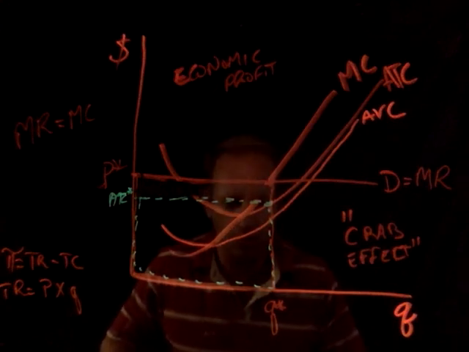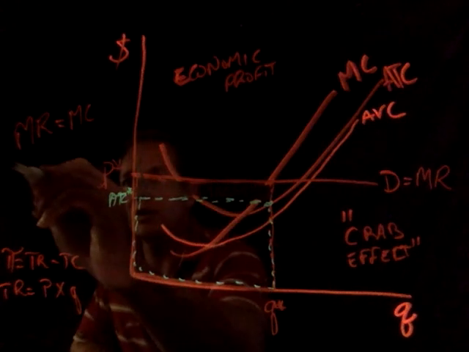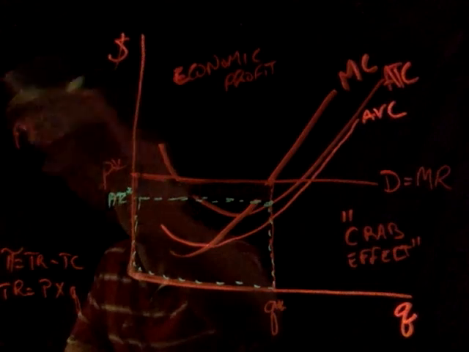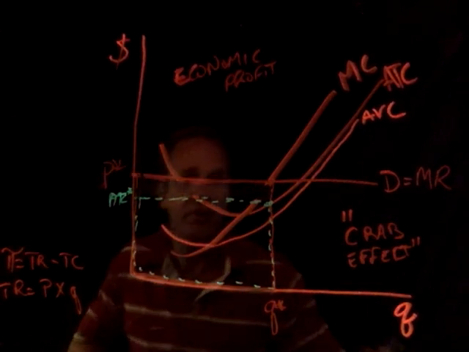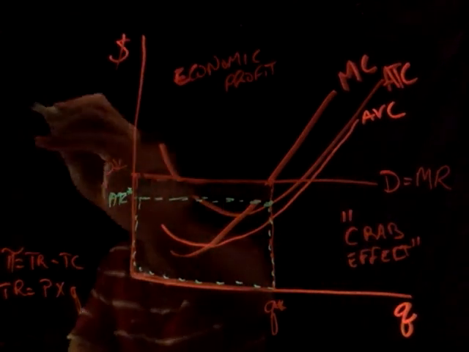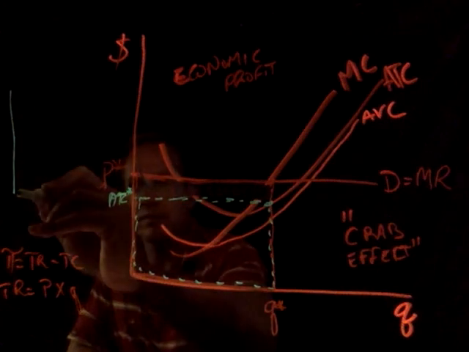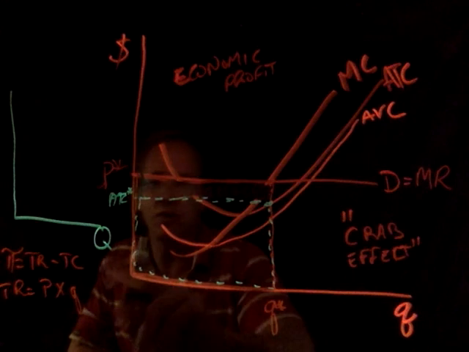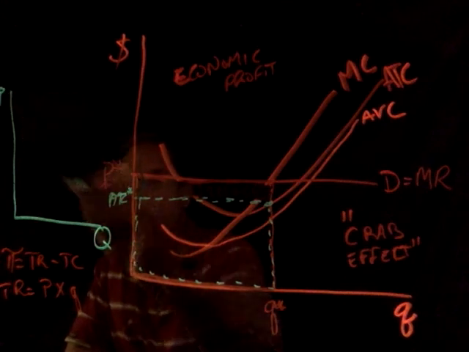Well, over here, I'm going to fit in my supply and demand framework for this whole market. And I know it's a whole market because it has a capital Q. Here's the price.